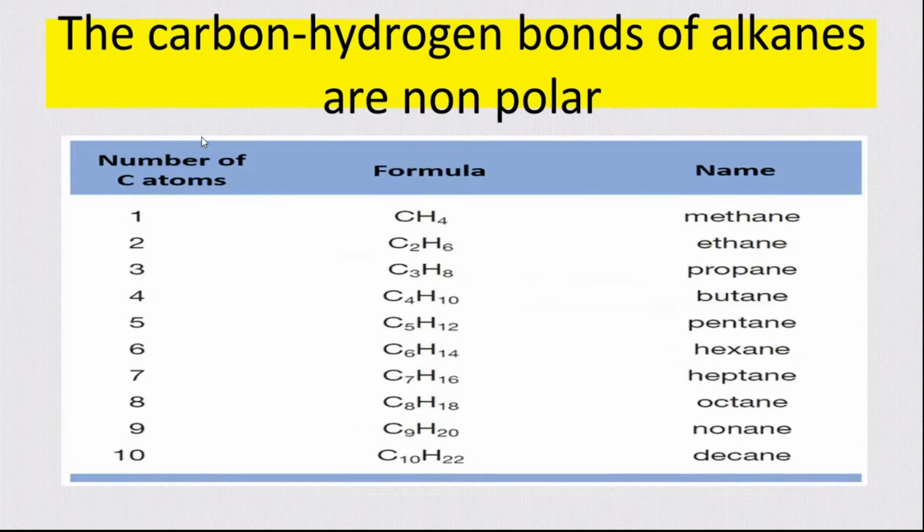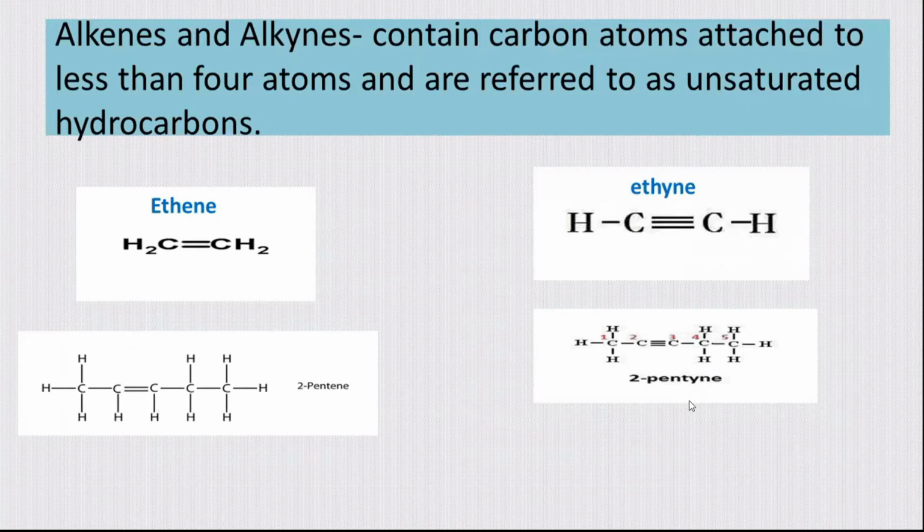So examples of alkanes, by number of C atoms: 1 is methane, 2 is ethane, and so on. Then we have alkenes and alkynes. These contain carbon atoms attached to less than 4 atoms and are referred to as unsaturated hydrocarbons.